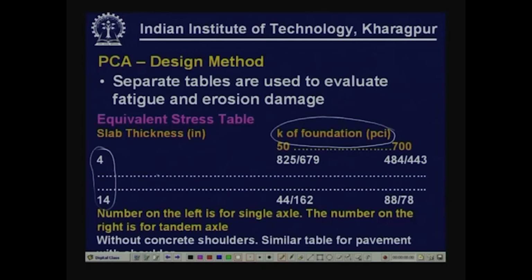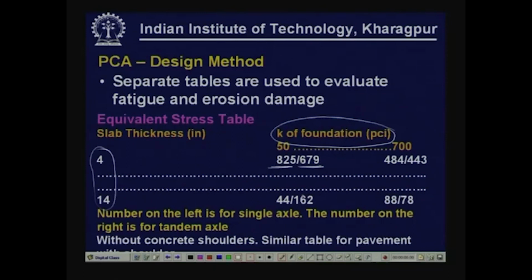For example, for 4 inches and for a K value of 50, 825 and 679 are the values that are available. 825 is the equivalent stress for single axle and 679 is the equivalent stress parameter for a tandem axle.